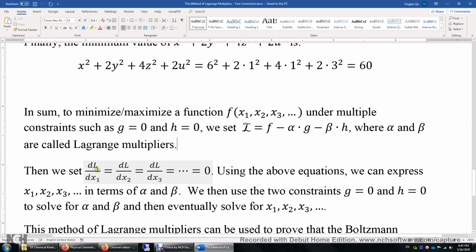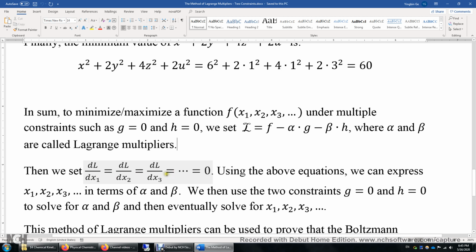So now we minimize L by taking its derivative with respect to all those variables, and then we get a bunch of equations. These don't have to be linear equations, but sometimes it's just easier with linear equations. So we have n variables, and then we have n equations.